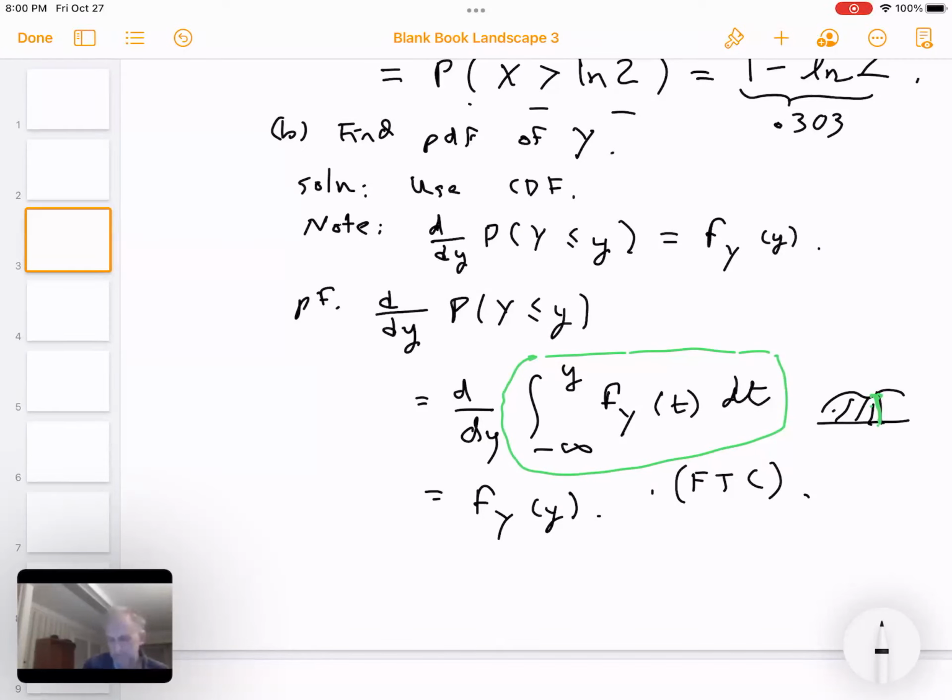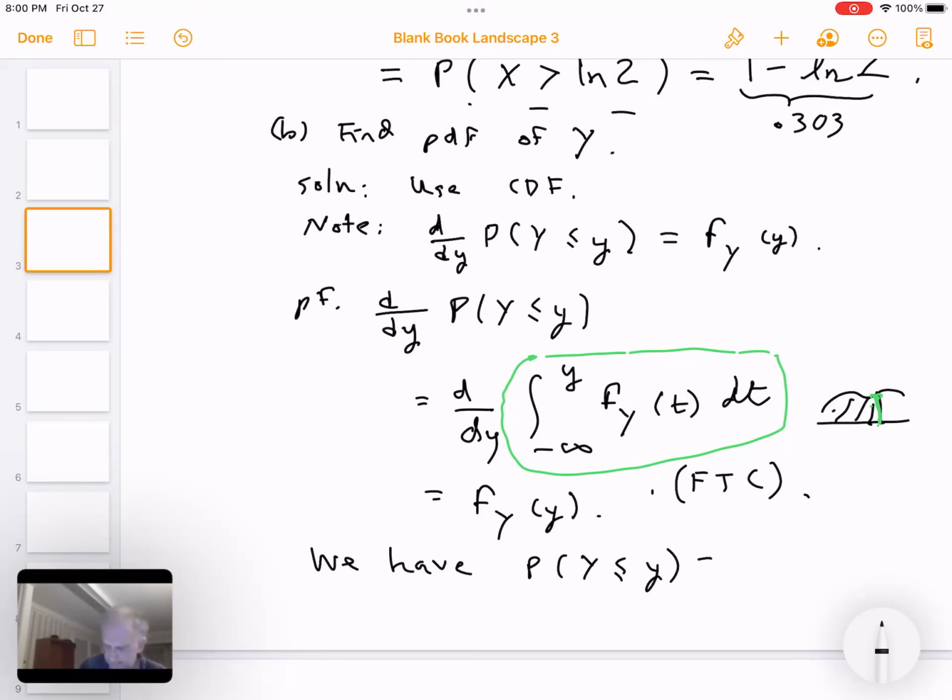All right, so we have y equals, okay, let's summarize. This is like a little result inside an example. We have the probability y less than or equal to little y.